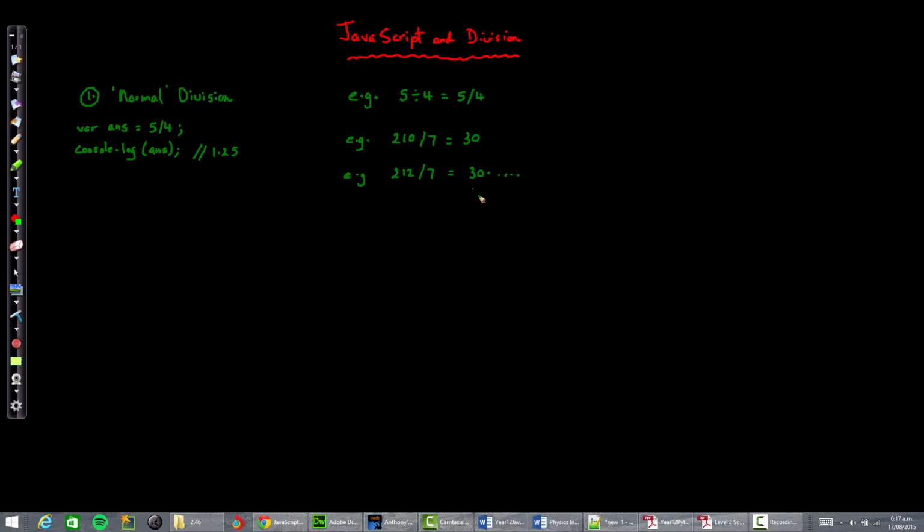So we could say the answer is 30 and 2/7 mathematically, but really if I'm sharing out 212 coins amongst 7 people, all I really want to know is that each of them are going to get 30 and there were 2 coins left over. So how would we do that kind of division where I just want to get the 30 bit? Well, this is sometimes called integer division.